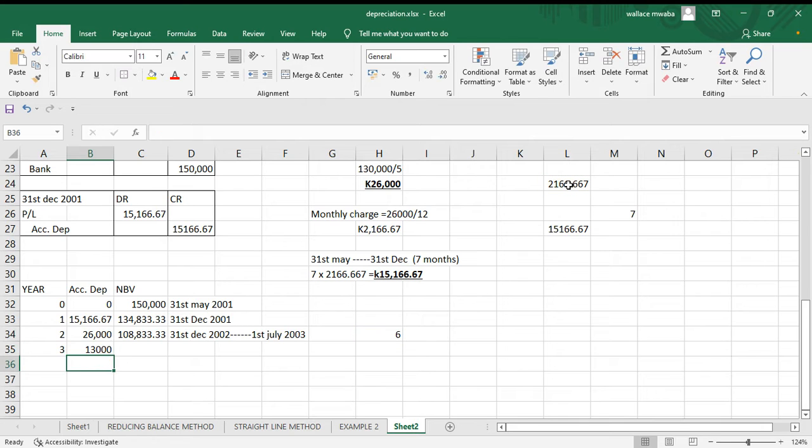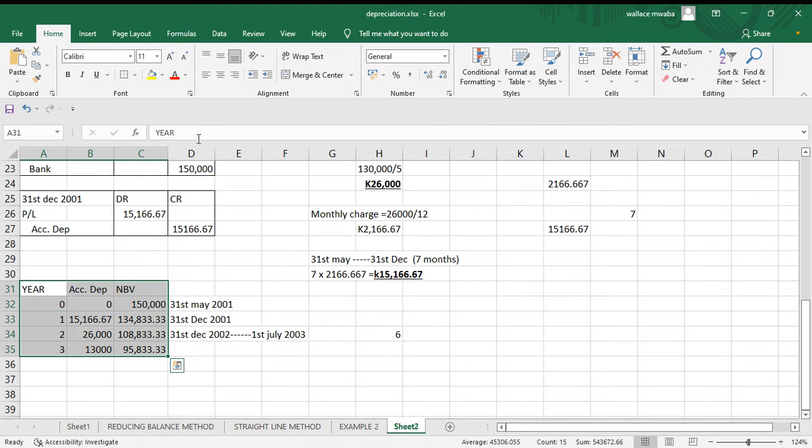Okay, and then we're going to get 13,000. All right, so our net book value is going to be 95,833. Okay, so that is our net book value and our accumulated depreciation.